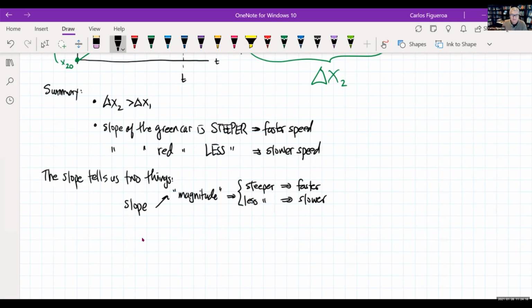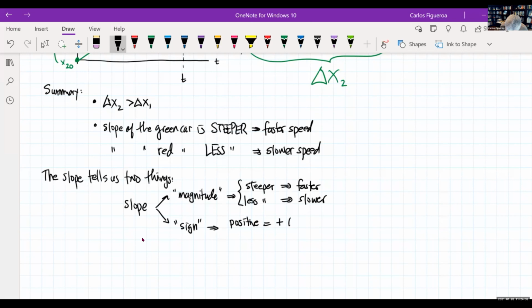But it also tells us a different thing. It tells us about the sign, and the sign tells us two things as well. If I have a positive slope, that really means we have the plus sign.